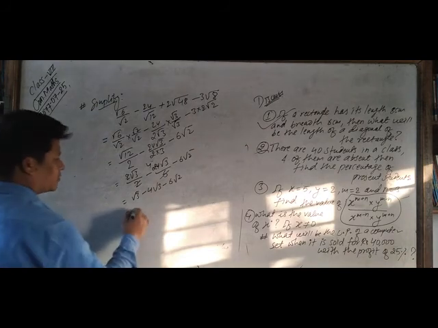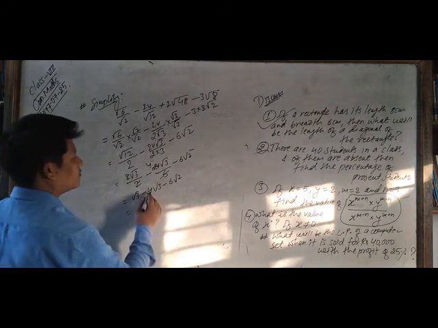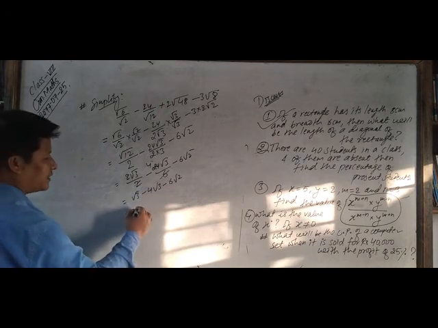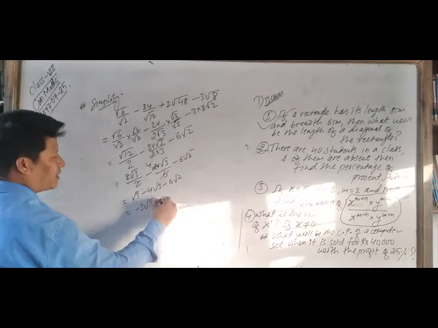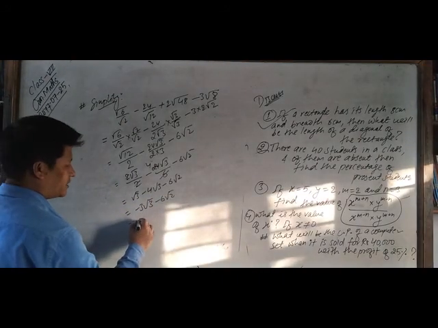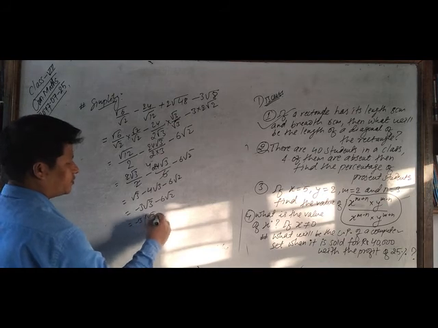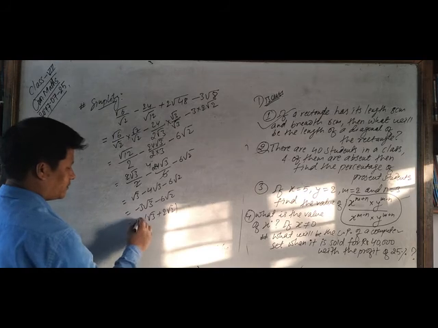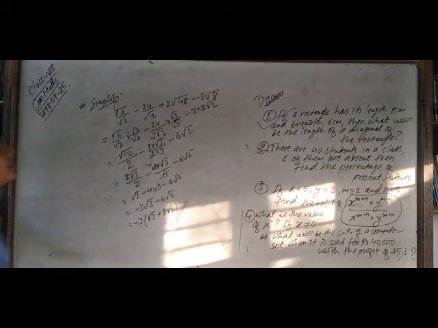So it is minus 3 times root 3 minus 6 times root 2. Otherwise we can take minus 3 as common, so what remains is root 3 plus 2 times root 2. Okay, so in this way we can solve.